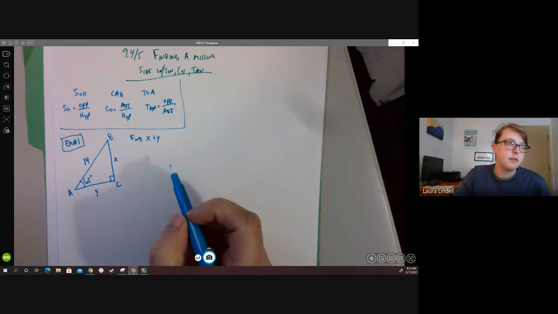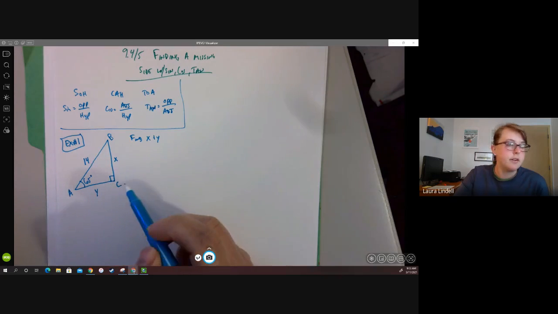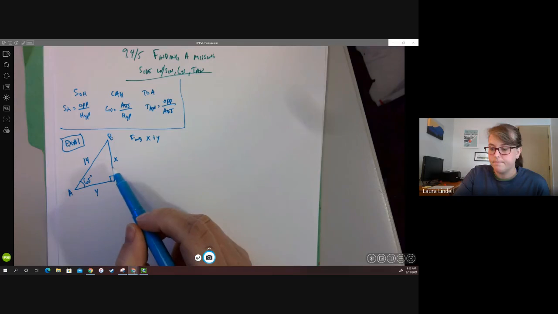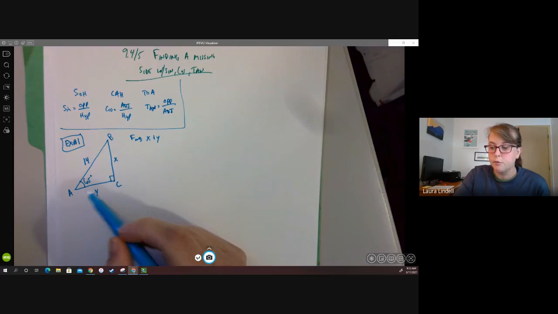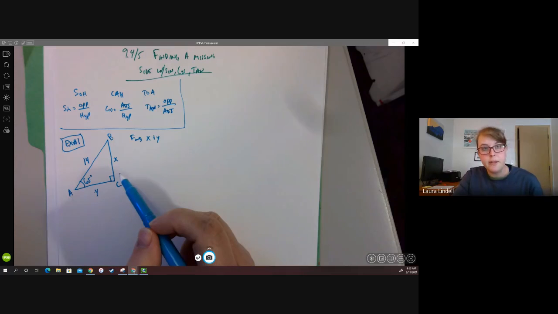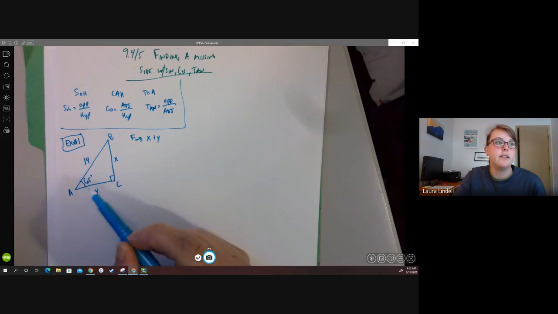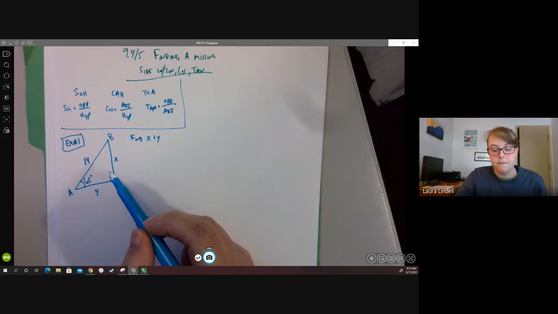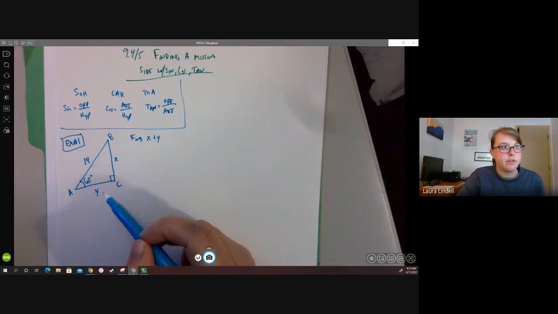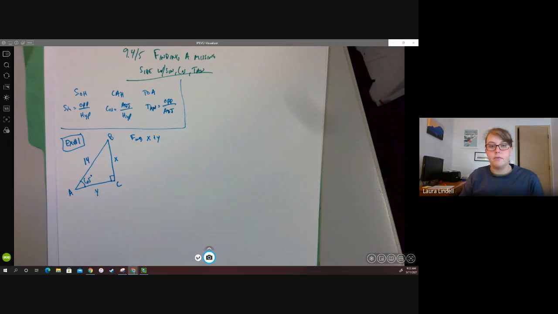In this scenario, they've already got variables labeling the two missing sides. You could also be asked to find the length of BC or find the length of AC. If you were asked to do that, the first thing I would do is label the missing sides with a variable. That way, when you go to put it into an equation, it's a little less murky and confusing.